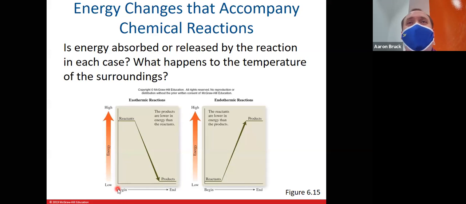The reason why this is called a reaction coordinate diagram is because the x-axis, the horizontal axis, shows the progress of the chemical reaction as it takes place. So here at the origin, we're talking about the beginning of the reaction before the reaction process takes place. And over here on the right-hand side, we have where everything is after the reaction has occurred.